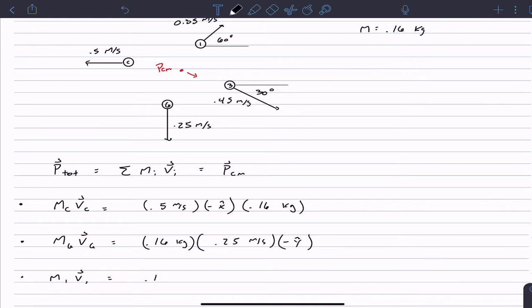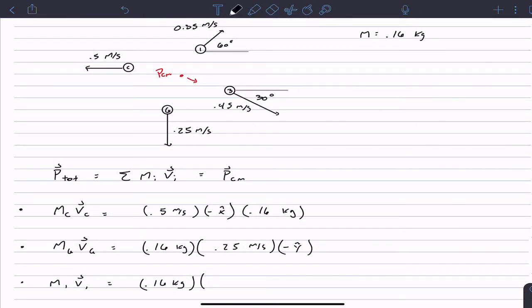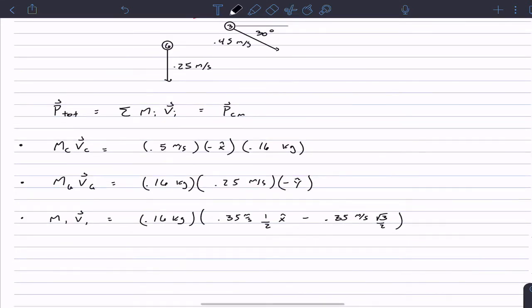The mass is 0.16 kilograms times, in the x direction, 0.35 meters per second times cosine 60. Cosine 60 is 1/2, right? That's the x direction, and then negative, remember, because this is going in the negative y hat direction, 0.35 meters per second. Sine 60 is going to be square root of 3 over 2. And this is in the y hat direction. Oops.